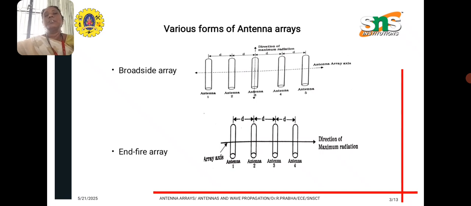The two important categories are the broadside array and the end-fire array. According to the arrangement of the antennas, both arrays are equal because both consist of equally spaced antennas, so both are linear arrays. The difference is in the phase of the array.